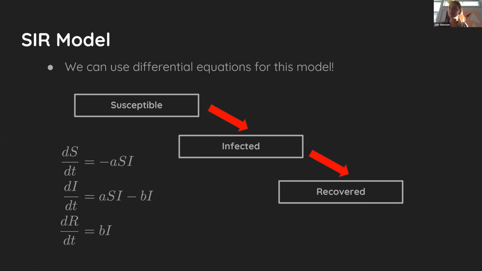Everyone is just going to stay where they are. And stay where you are, of course, corresponds to zero change, which means dS dt is zero, dI dt is zero, dR dt is zero, right? And we assume that people recover at a rate b, so that's why people are moving out of the I category into the R category at rate bI.